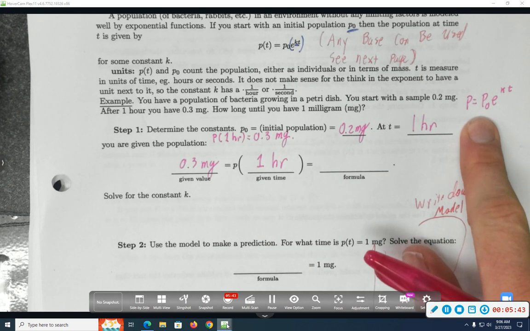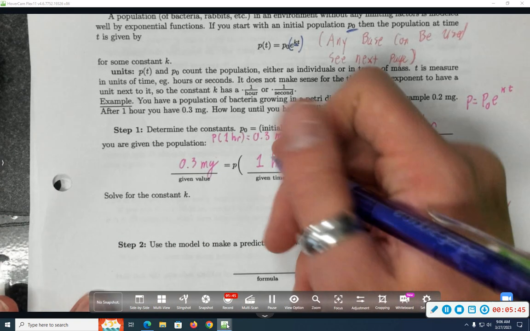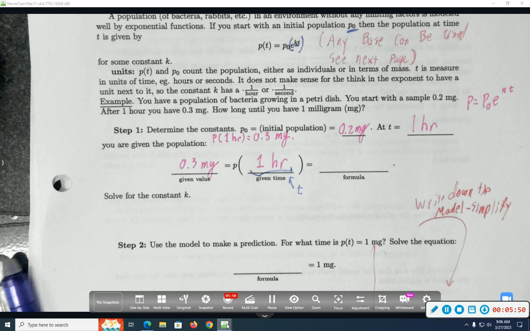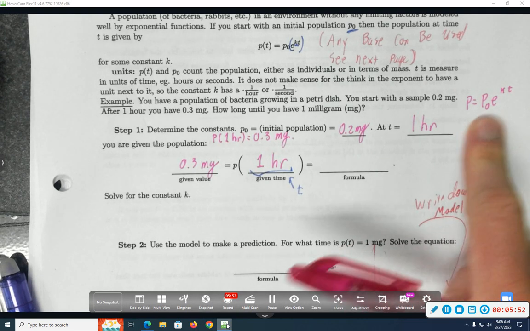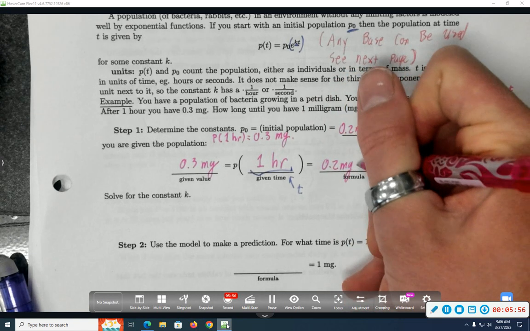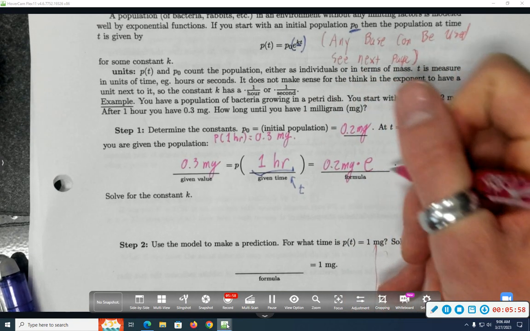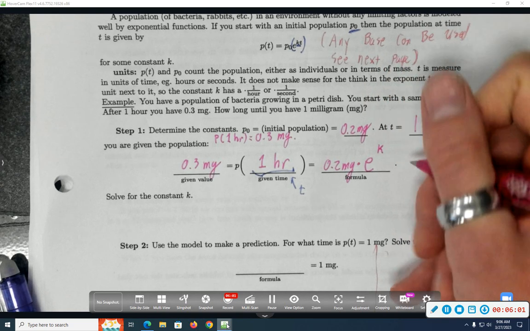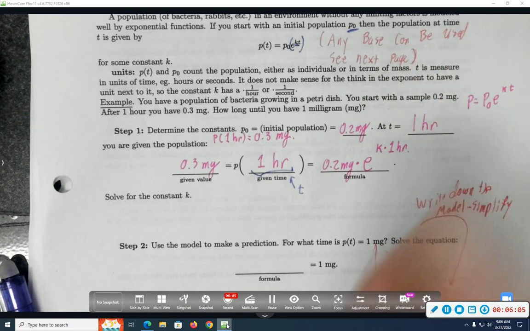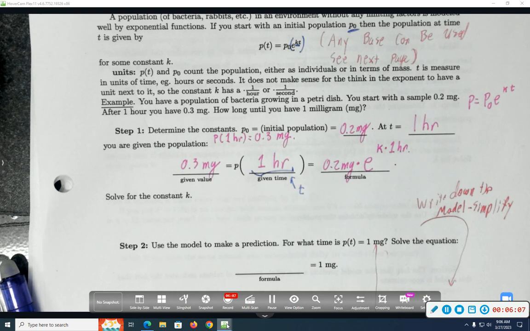This model says that the population at time 1 hour, so this will give me a value for time to plug in, will be P0, which is 0.2 milligrams, times e to the unknown constant k times 1 hour. And that constant k is like the growth rate. The bigger that k is, the faster the thing grows.